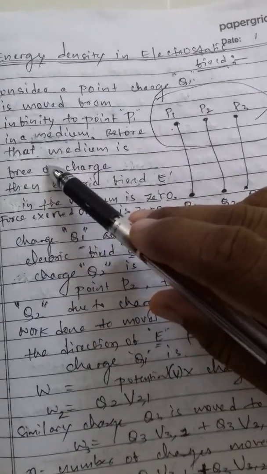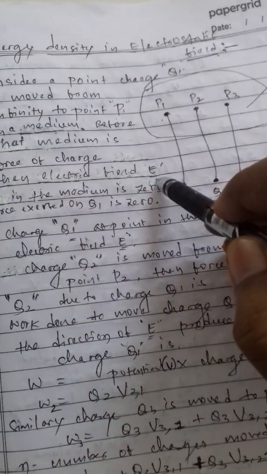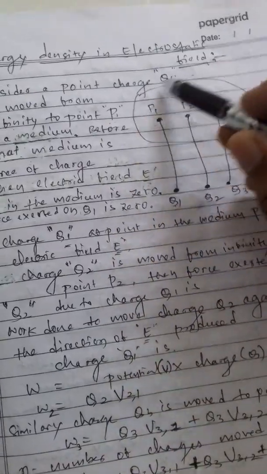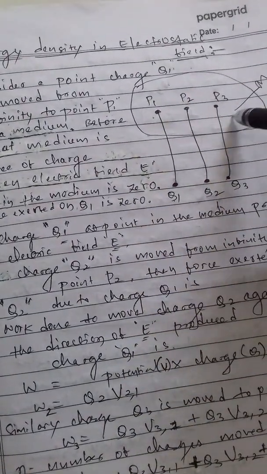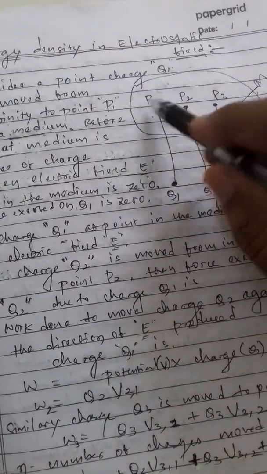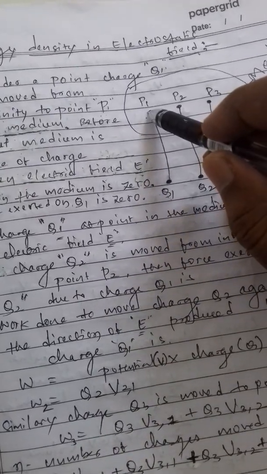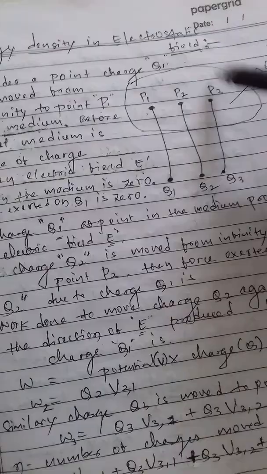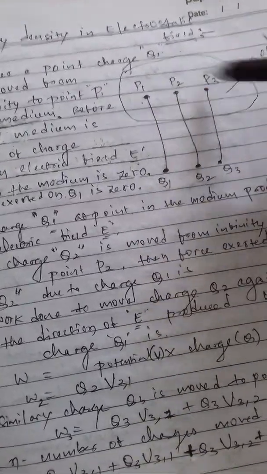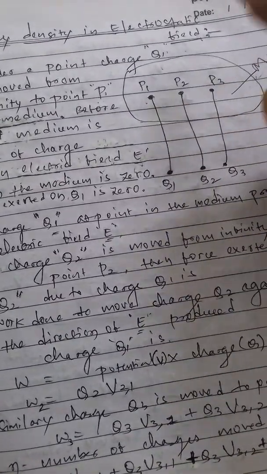When the medium is free of charge, the electric field E in the medium is 0. That is, before moving the point charge Q1 from infinity to point P1, the medium is free of charge, and then the electric field within the medium is equal to 0.